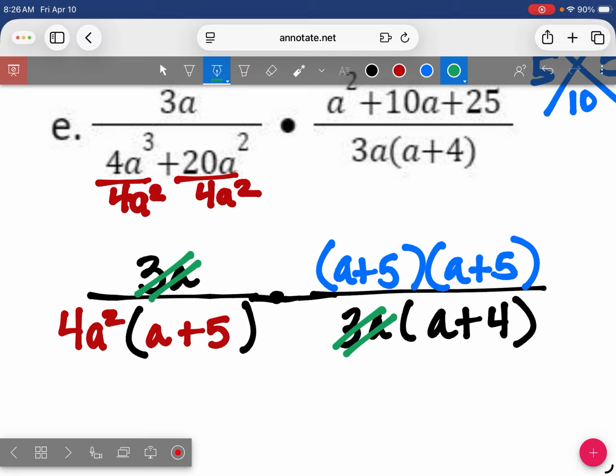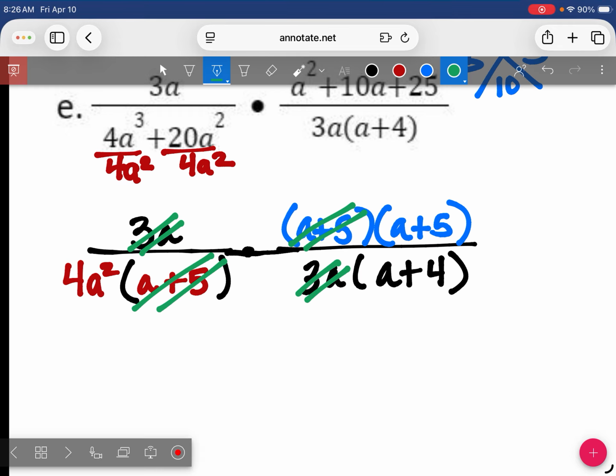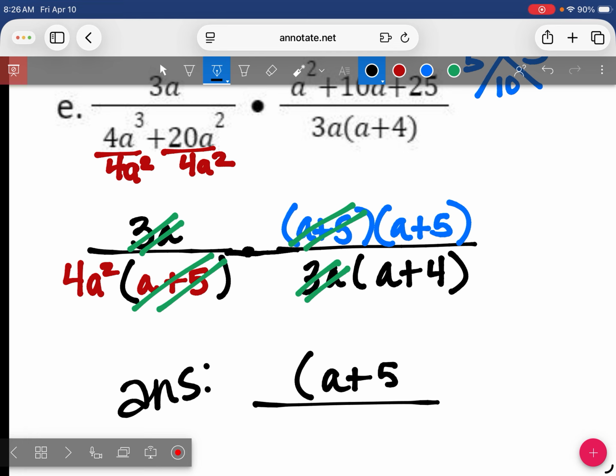Now, there's 2 upstairs and 1 downstairs, but you can only take away 1. 1 from the top and 1 from the bottom. We don't cross out both of them. It's 1 for 1. So now, let's write what we have left for our answer. Our answer is we have a plus 5 upstairs and 4a squared times a plus 4 downstairs.